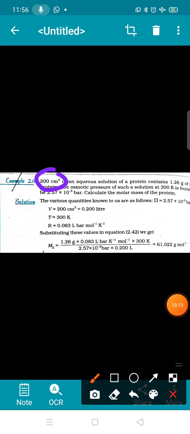So here we have a simple numerical. 200 cc of an aqueous solution of a protein contains 1.26 gram of protein. The osmotic pressure of such a solution at 300 Kelvin is found to be 2.57 into 10 to the power minus 3 bar. Calculate the molar mass of the protein. So what is given here? This 200 cc is nothing but V, but you have to take care of the unit.